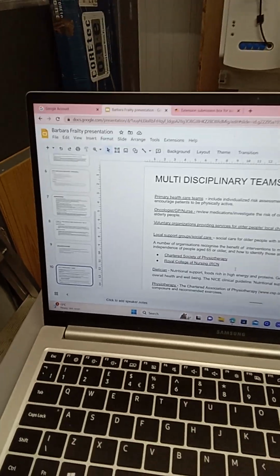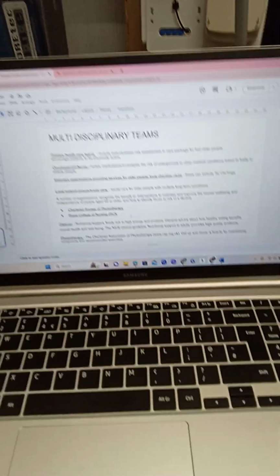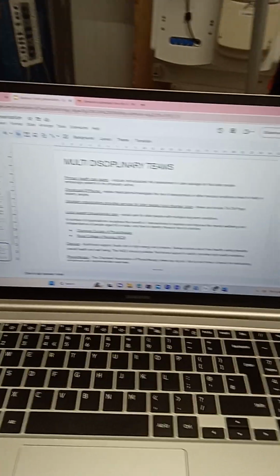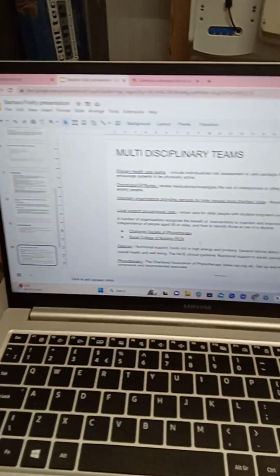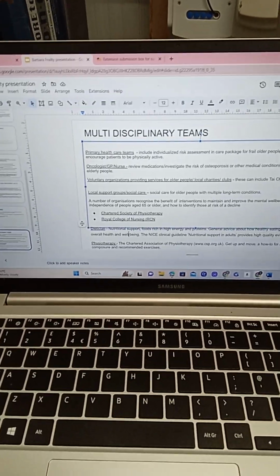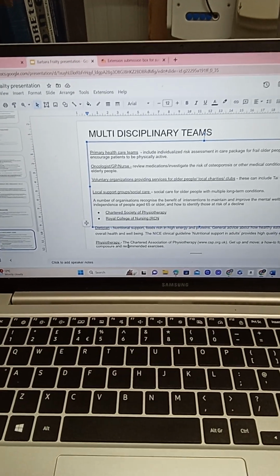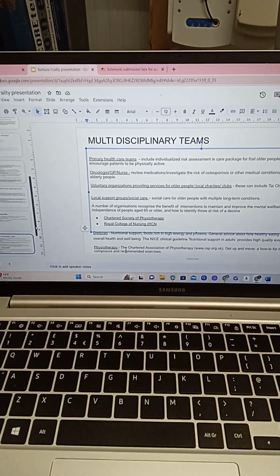And then a number of organisations recognise the benefit of interventions to maintain and improve the mental wellbeing and independence of people aged 65 or older. These are the Chartered Society of Physiotherapy and the Royal College of Nursing. And you could also look at a dietitian for support with her nutritional needs, and physiotherapy.